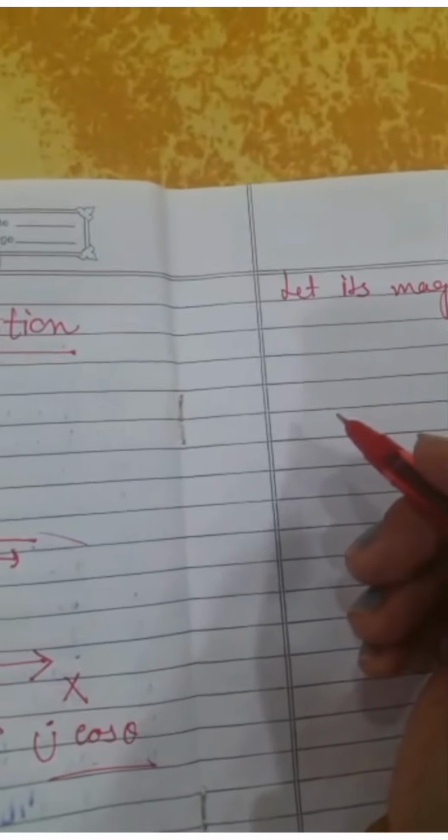Hence the horizontal component is 0. Why is the horizontal component 0? Because the acceleration is purely vertical, and whenever the acceleration is purely vertical, the horizontal component is 0.